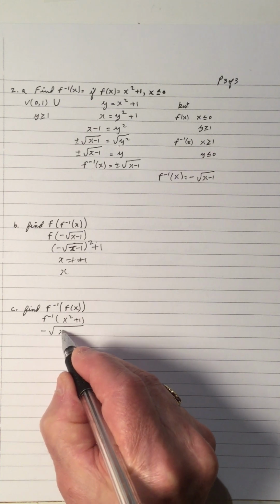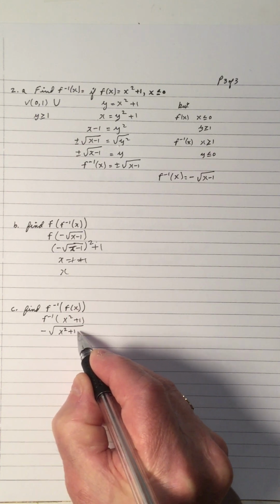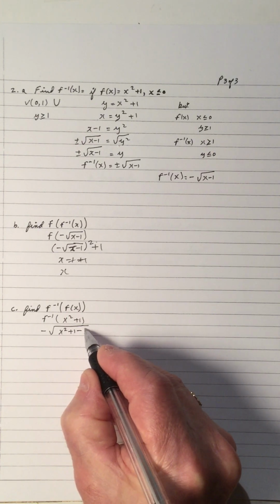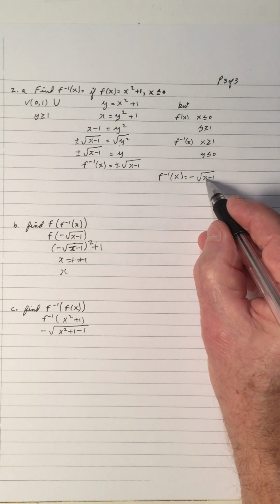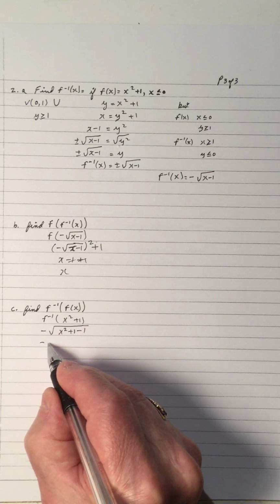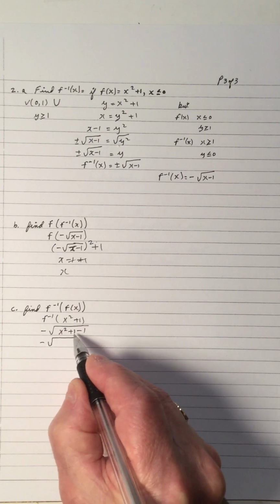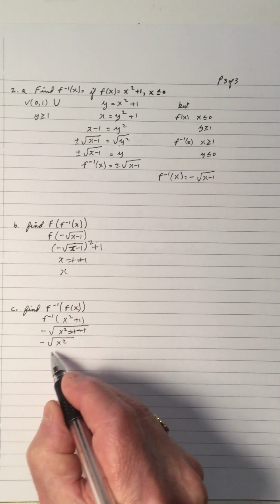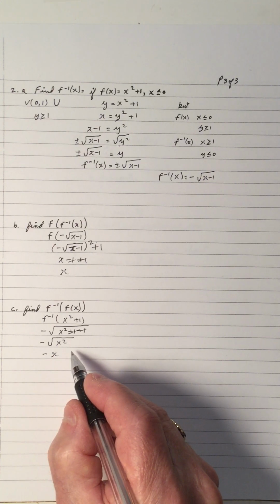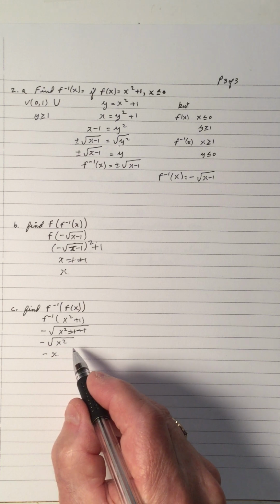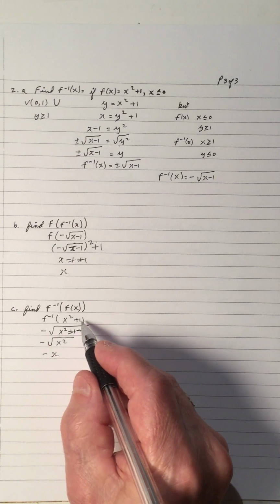So it's x squared plus 1 minus 1. So we took x squared plus 1 and subbed it right here. That gives us the negative of the root of, they cancel, x squared. And the square root of x squared is x.